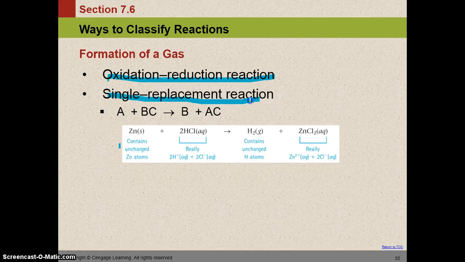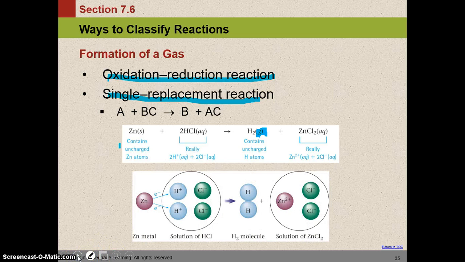It's a single replacement reaction because we have zinc who actually replaces hydrogen and pairs up with chlorine here. So it's a single replacement reaction. And you notice it's also the production of a gas, which is another indicator that it's also a redox reaction. Here's an example similar to the picture we had in the earlier lecture about what's actually going on, so you can tell where those electrons are going.